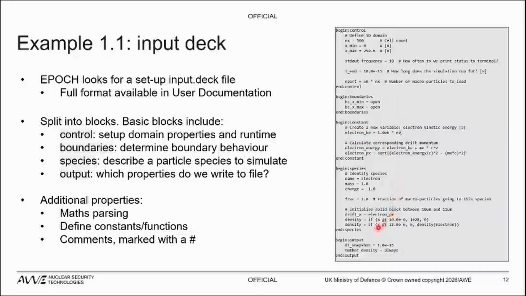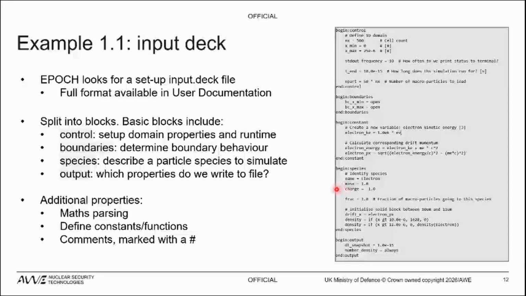We've told it how many particles we want to put in, but we've not told it what particles they are yet. And this is where the species blocks come in. So here I've given it a name, these are the electron species, mass and charge, these are in electron units. Normally the code is in SI units, but this is one particular case where we use special units.